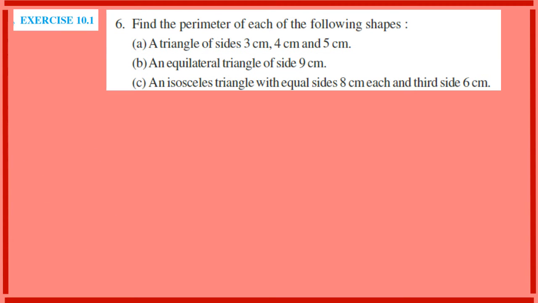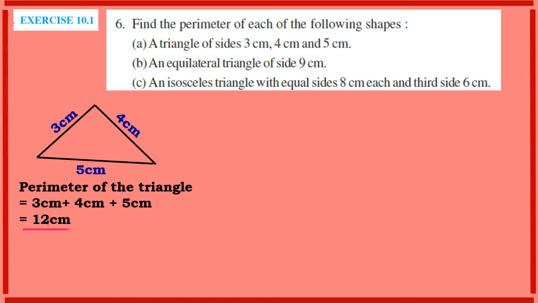Find the perimeter of each of the following shapes. First one, a triangle of side 3 centimeter, 4 centimeter, 5 centimeter. So simply you have to add them, that's all. So here it is 3 plus 4 plus 5, 12 centimeter. Very, very simple. An equilateral triangle of side 9 centimeter. Equilateral triangle means all the sides are equal.